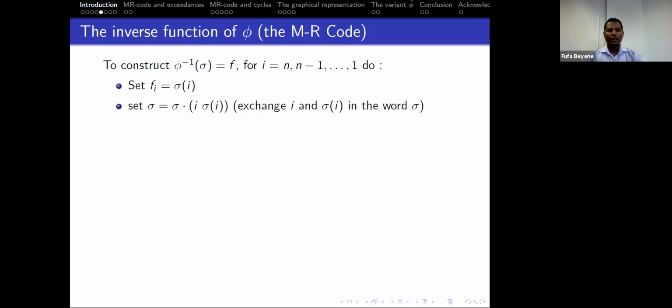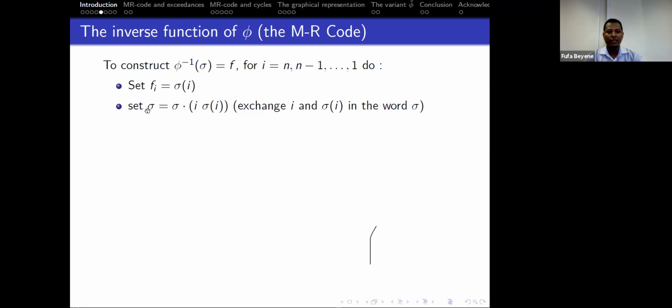As the MR code, or the mapping phi, is bijective, we have its inverse, which is calculated by an n-step procedure. We have an algorithm here. To evaluate the inverse of phi, we first set f_i equal to sigma of i, starting from n minus 1 down to 1, and then iterate over i to calculate sigma inward.